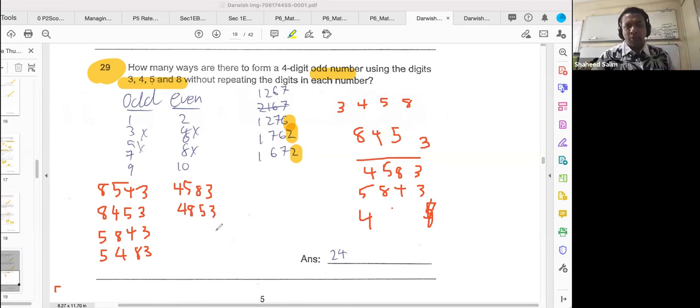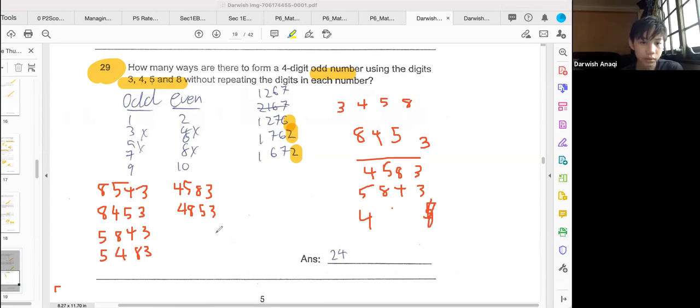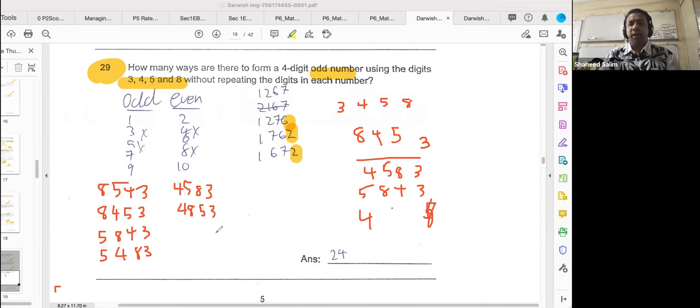So any more ending with 3? Any other numbers you can end with 3? No more, right?